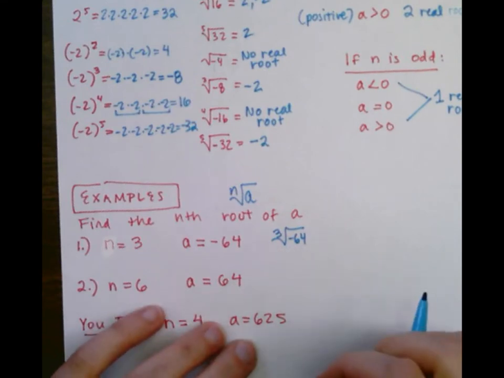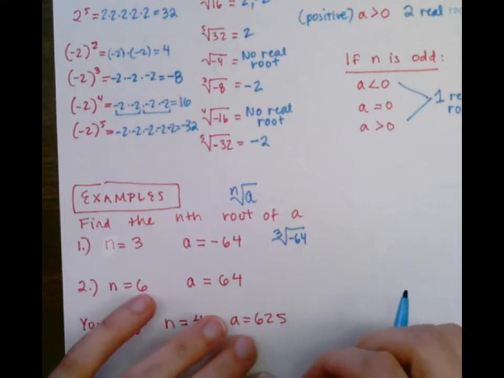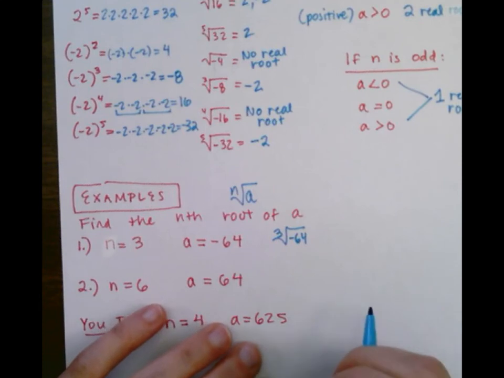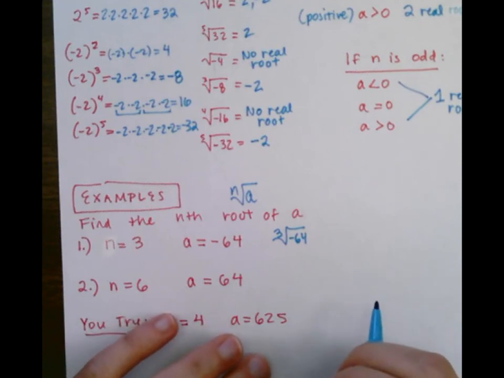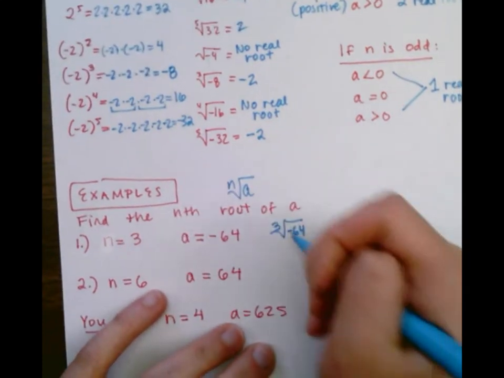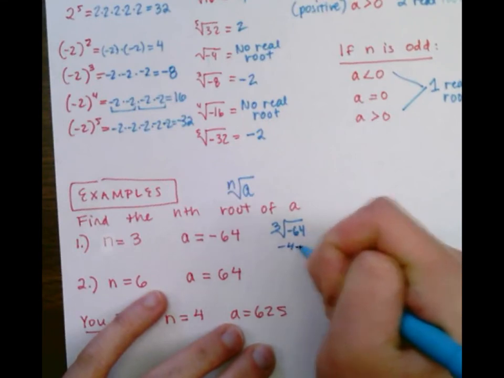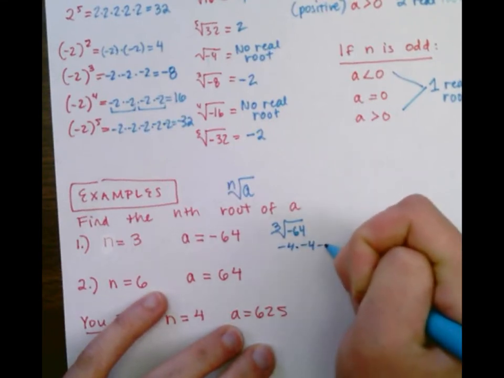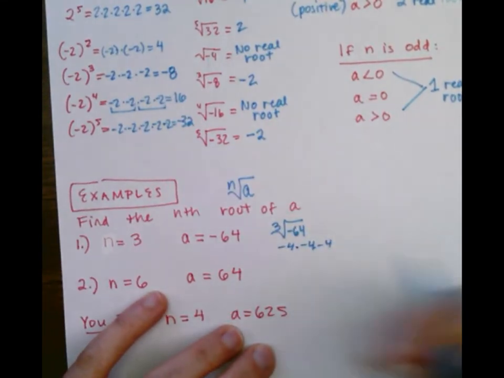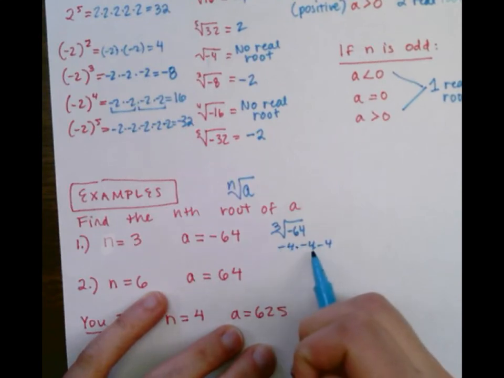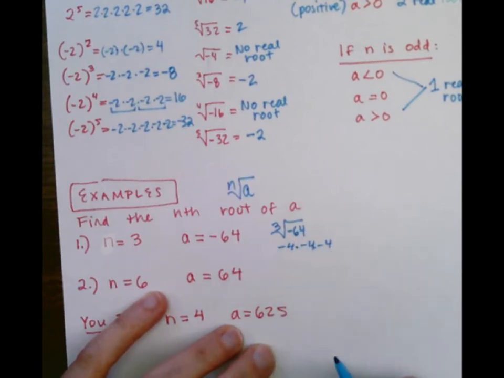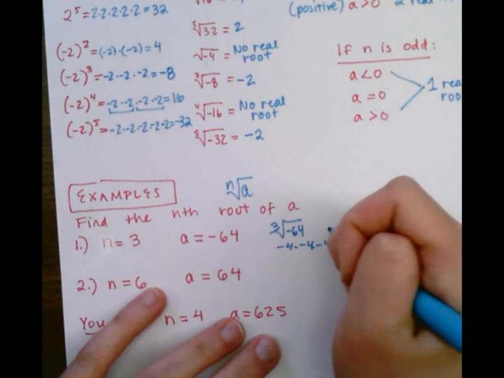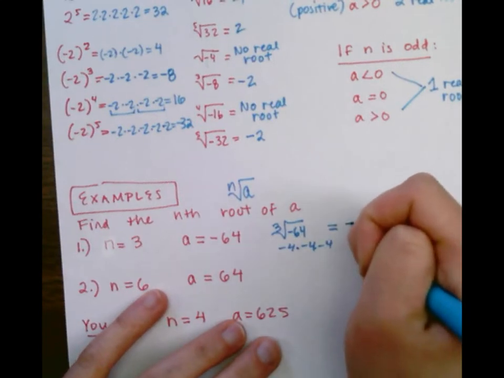So I'm thinking what times itself 3 times is 64. The first number that pops into my head to try would be 4 or negative 4. So I think, what is negative 4 times negative 4 times negative 4? Well, this is positive 16 times another negative would be negative 64. So then I know this is equal to negative 4.